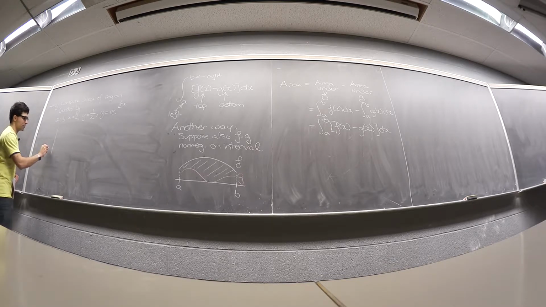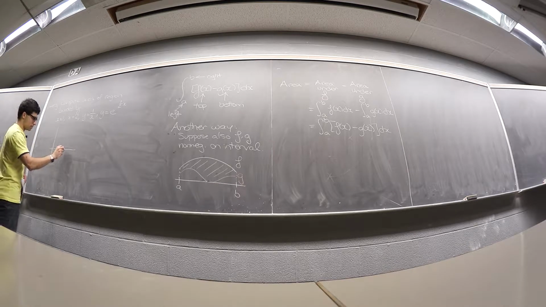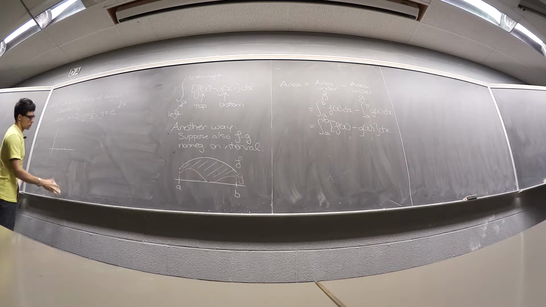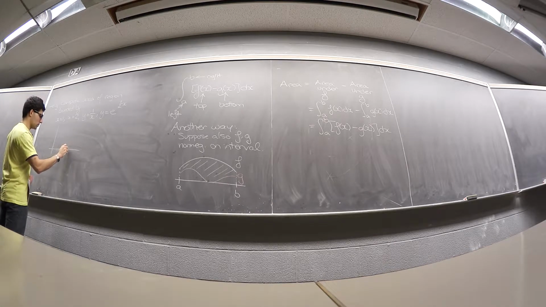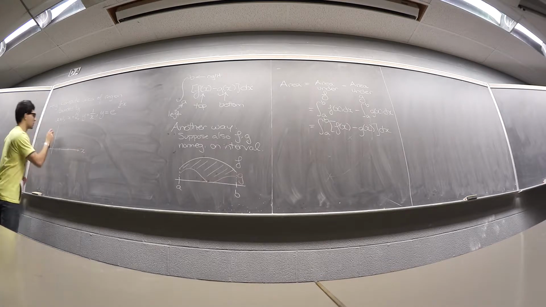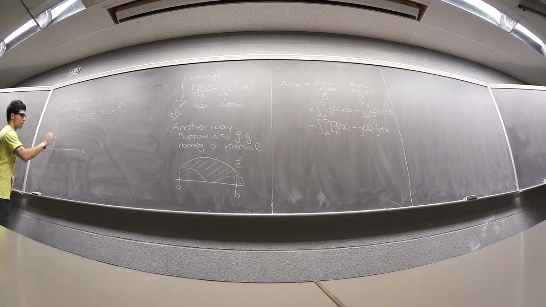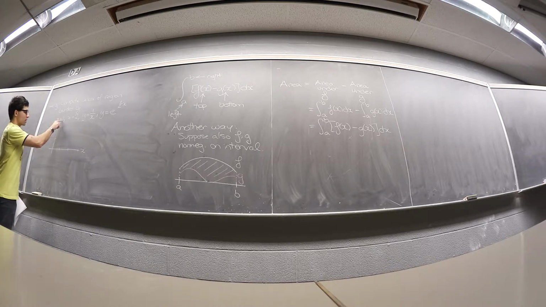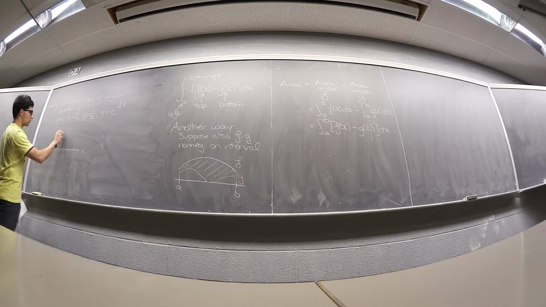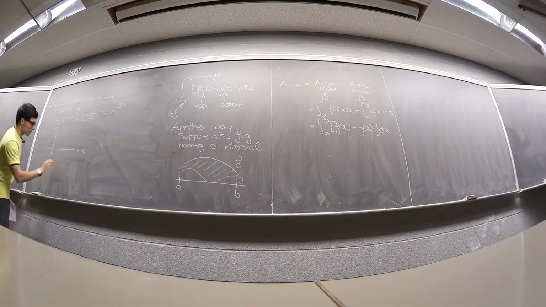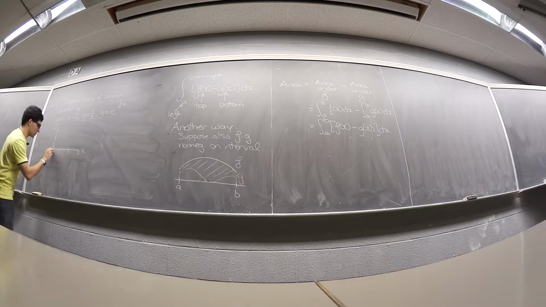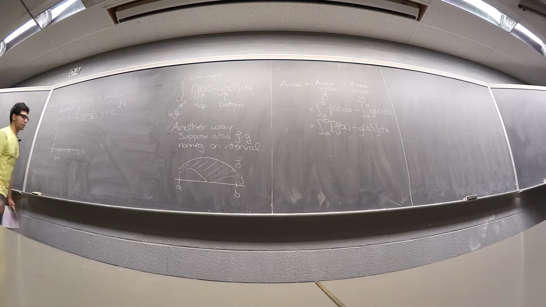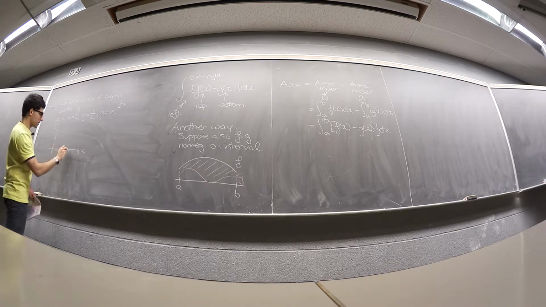So. Make this bigger. X, Y. We want to go x equals 1 is one boundary. It's 1, 2, 3, 0. So that's x equals 1. Okay, x equals 2 is another boundary.